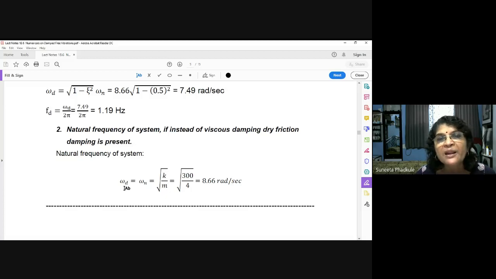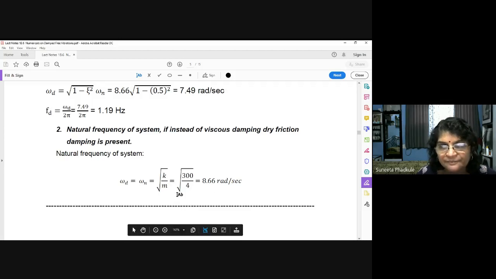So omega d is nothing but your omega n, because there is no external damping you are providing. It is a self-excited vibration. So the system will vibrate with natural frequency only. So square root of k upon m is the natural frequency. You know k, you know m. Omega d is equal to omega n, that is equal to 8.66 radian per second.